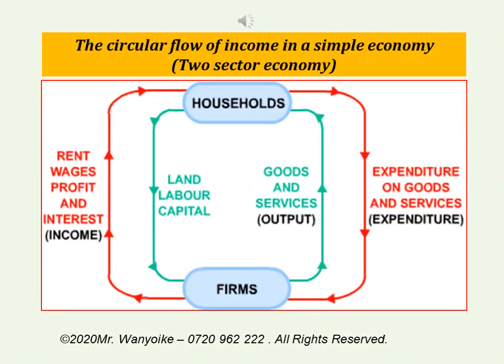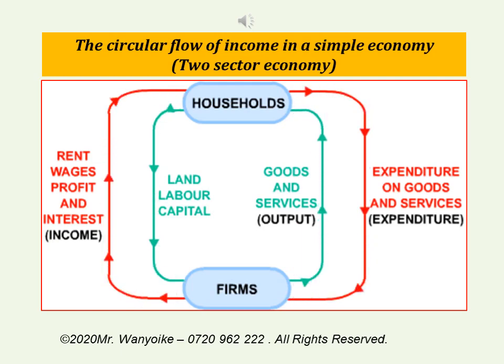So this diagram is representing the flow of income in a simple economy or in a two-sector economy. And there are two players, the households, or the one in blue, and the farms also in blue. And we can see the flow of goods and factors of production. They are also in blue. So the households will supply the farms with land, labor, capital, and also the entrepreneurs will come from the households.